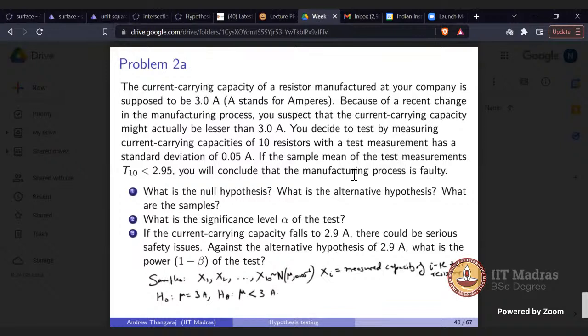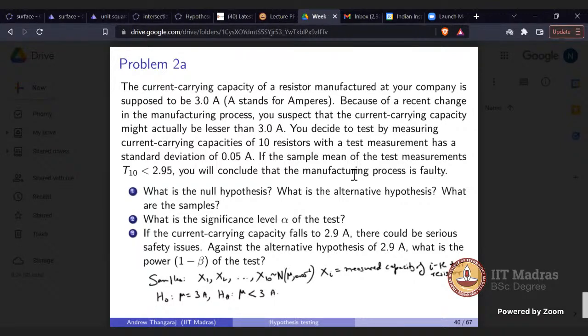No, as I was following the lecture, this was clear to me. But with regards to the previous question, this also came to my mind that sometimes we are given 4 options. So what if we are given the one which the professor has mentioned, and the exact opposite, H naught is mu less than 3 amps and the other way around?